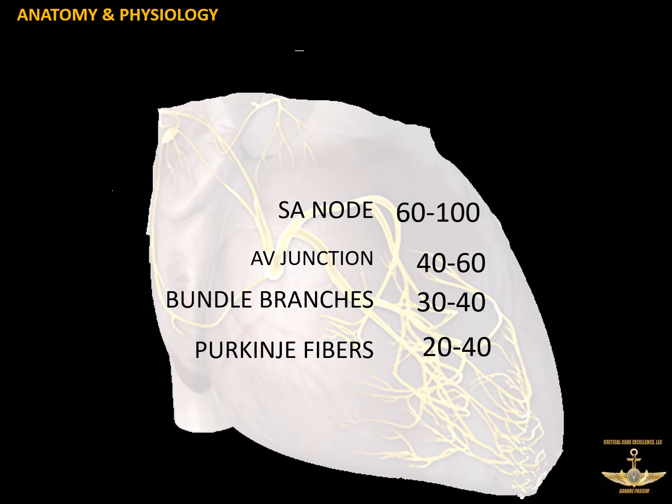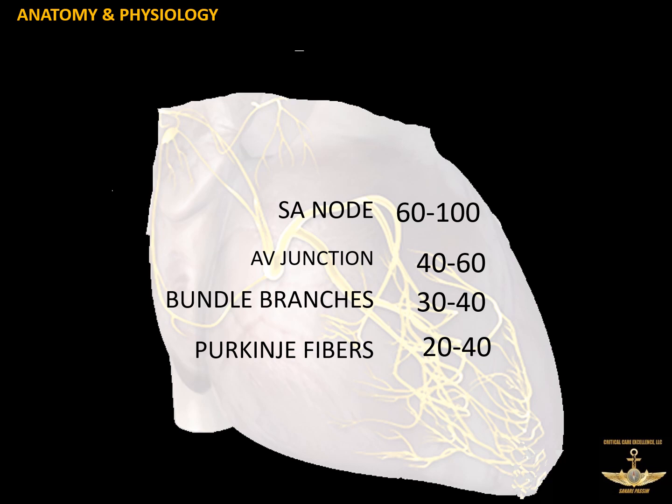Now, one of the more important things that you take away from the conduction system is just how fast it conducts. And so the most useful clinical thing from that is how fast the heart beats. And this is directly related to which part of the heart is driving that conduction or depolarization.